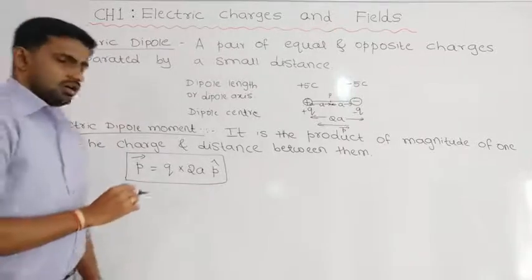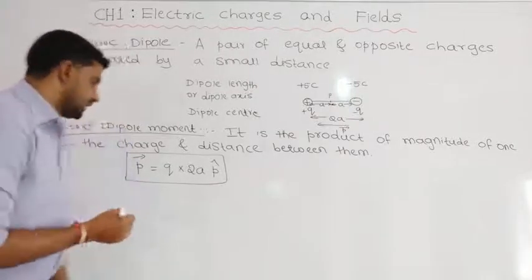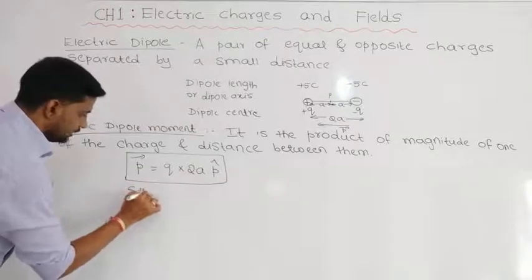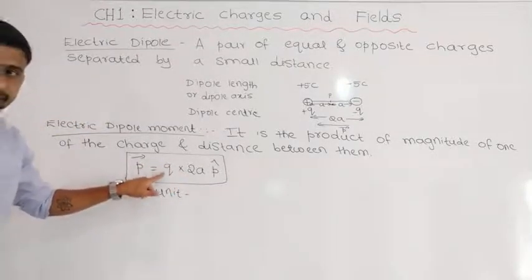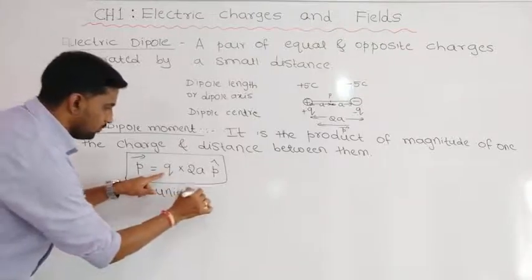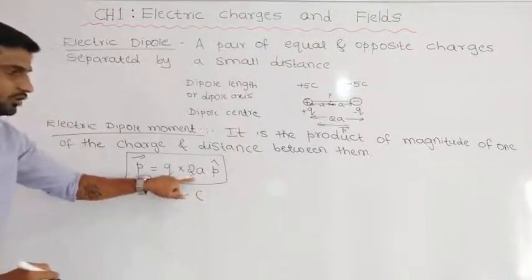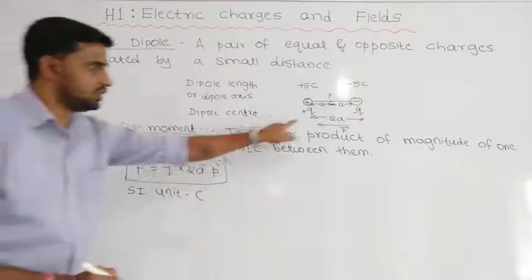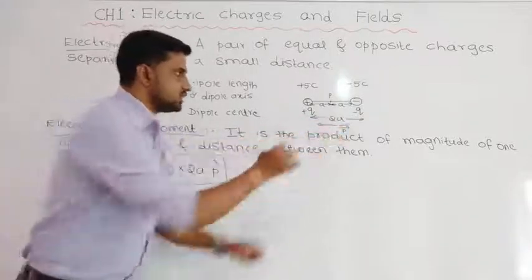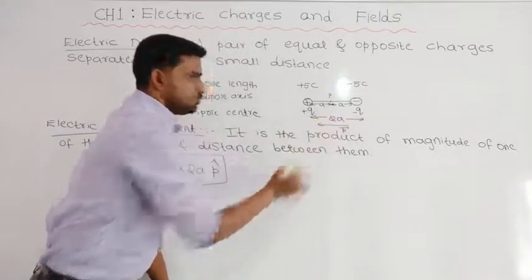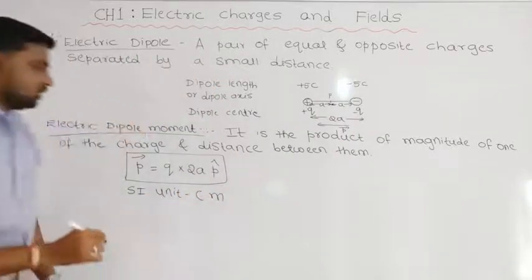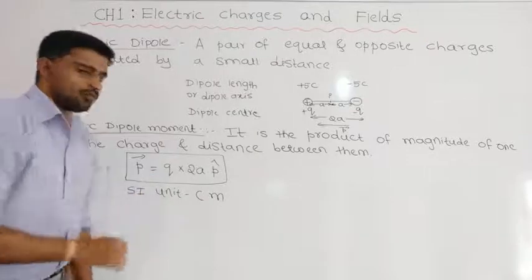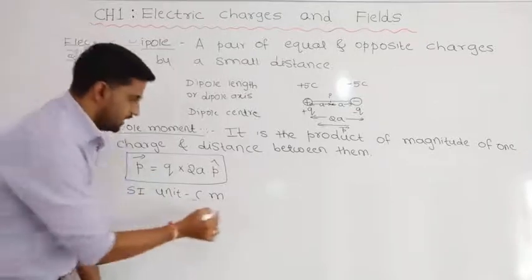The SI unit of electric dipole moment is, see here, the SI unit of charge is coulomb, and the SI unit of length 2a, the distance between the two charges, is meter. Therefore, the SI unit of electric dipole moment is coulomb meter.